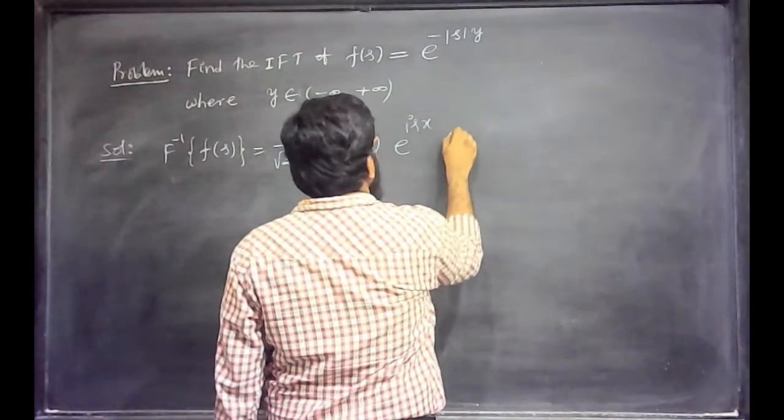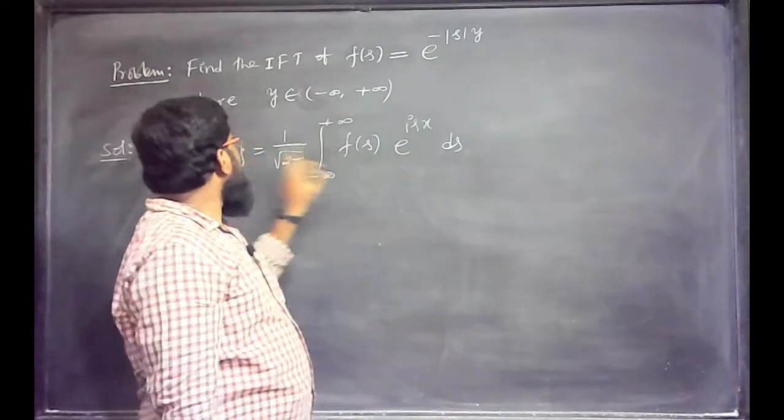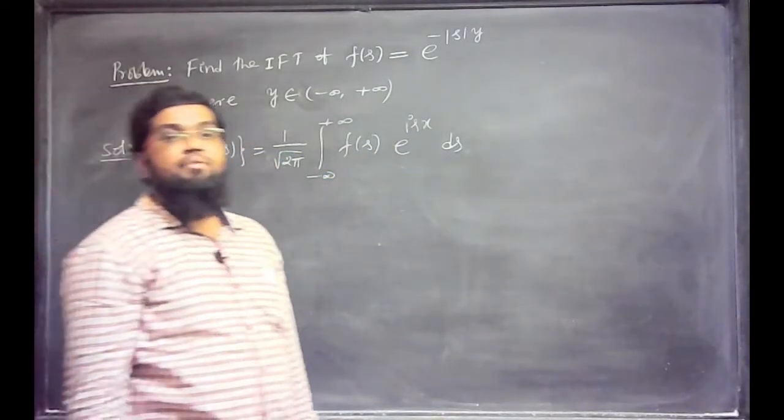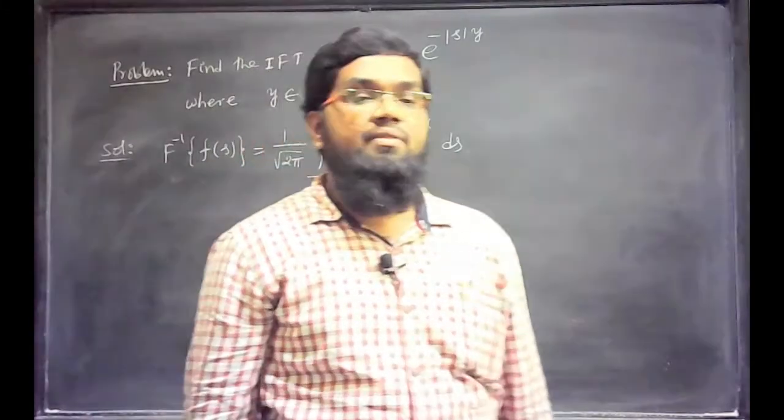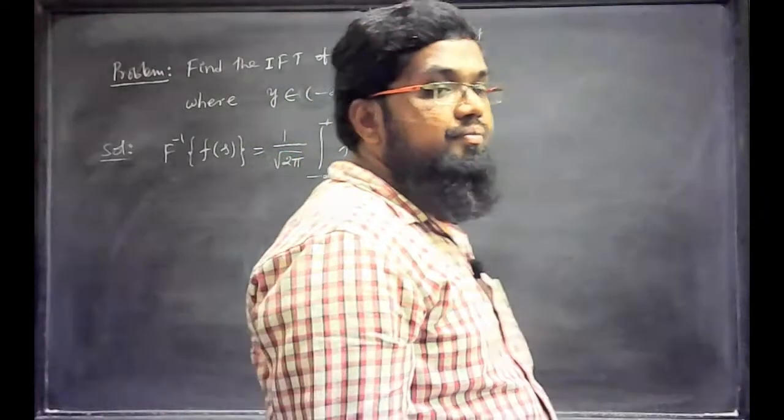I am sorry, it is ds. When I integrate with respect to s, the remaining will be a function of x, f(x). So this is what I need to calculate here.